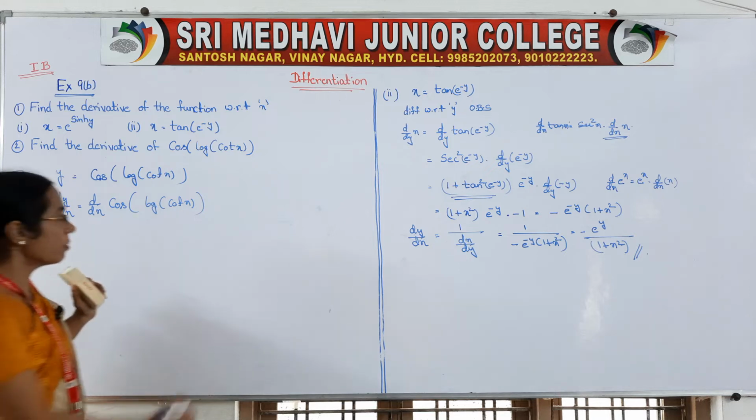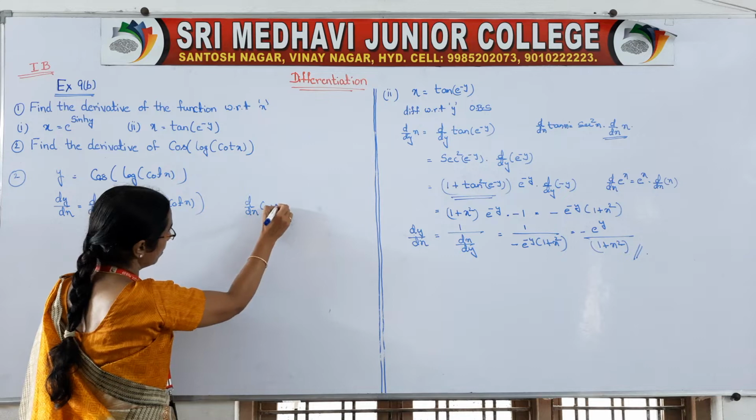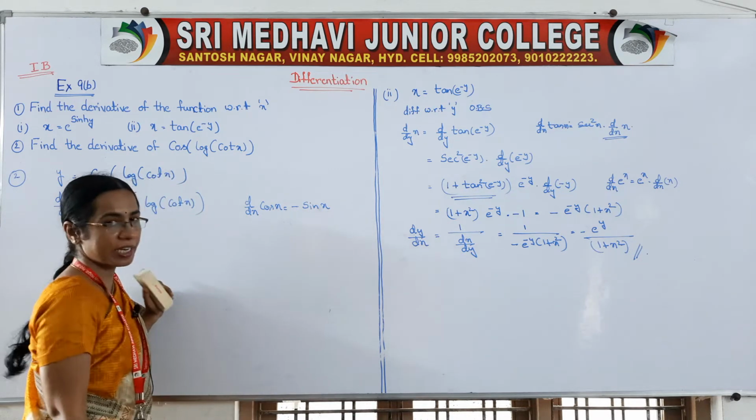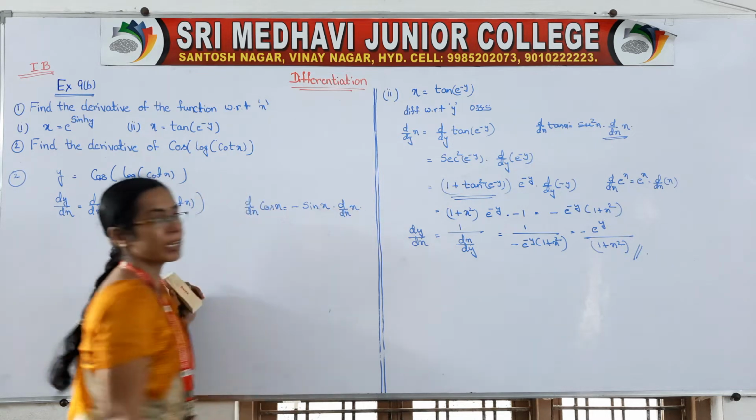So d by dx of cos of any variable is minus sine of that variable into d by dx of that variable.